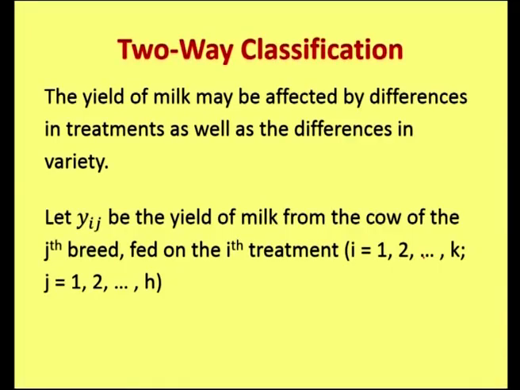In one way classification, the yield of milk is assumed to be affected by only the effect of different treatments or rations, but here the other factor has come into study, that is the breed and stock of different cows. So, the yield of milk may be affected by differences in treatments as well as differences in variety. Yij is the yield of milk from the j-th cow or cow of the j-th breed fed on the ith treatment. i ranges from 1 to k and j ranges from 1 to h.